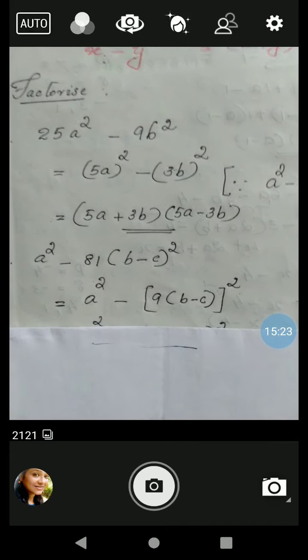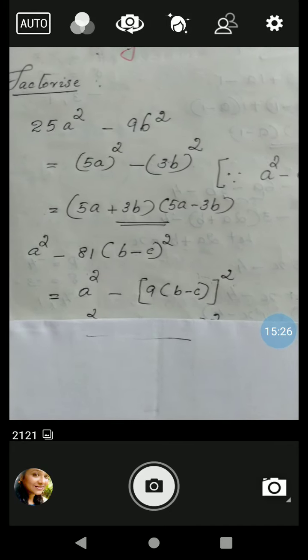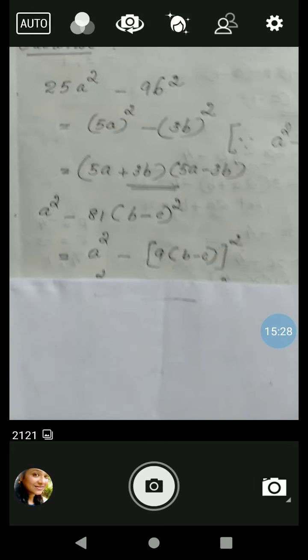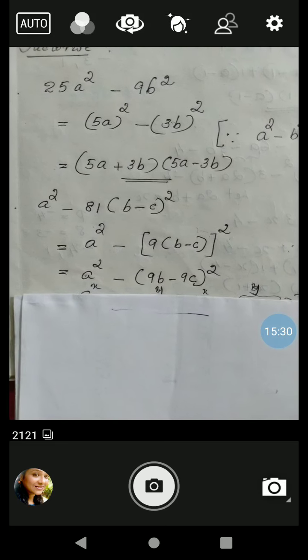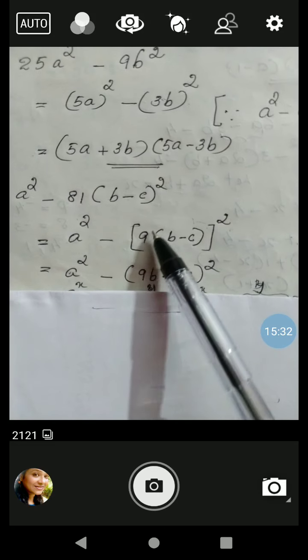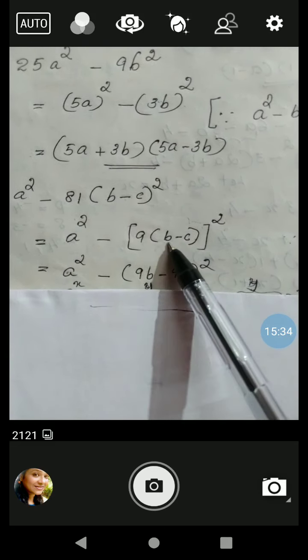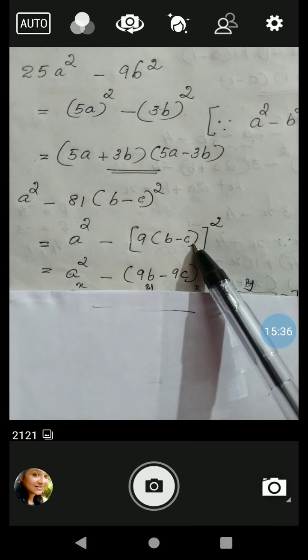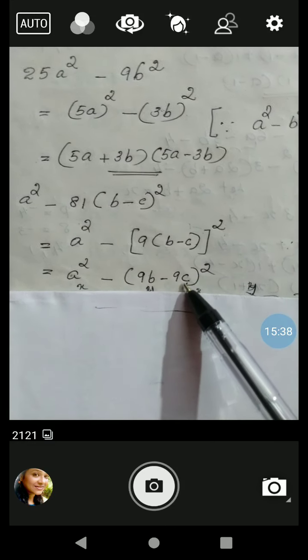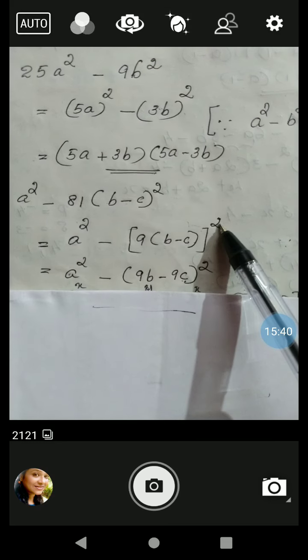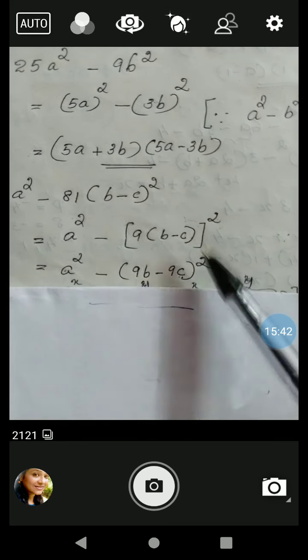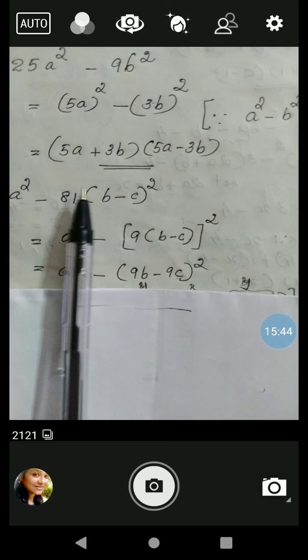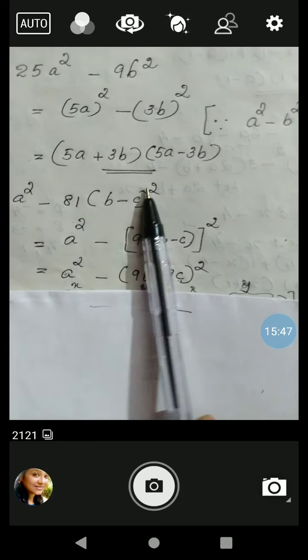So in the next step, we can write a square minus, just open this bracket, 9b minus 9c, the whole square. Put this 2 here. Now this is in the form x square minus y square.